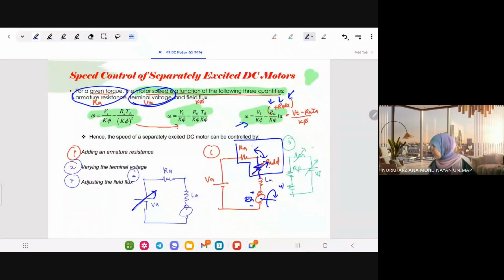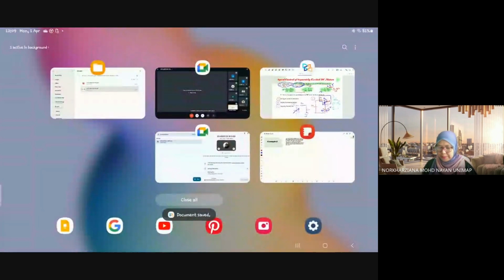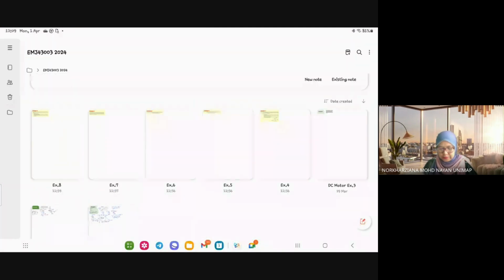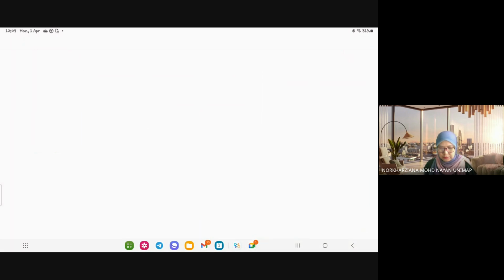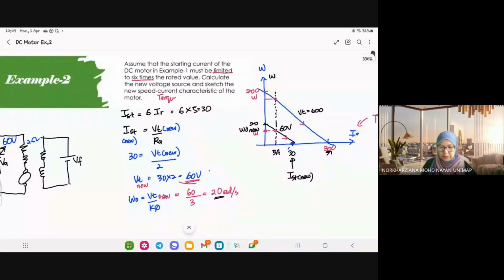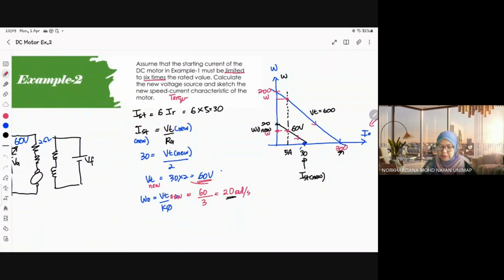By changing the terminal voltage, we can take a look at the previous example here, Example 2. With the initial value of 600 volt, you have one slope characteristic, or speed versus current characteristic, of your separately excited DC motor.